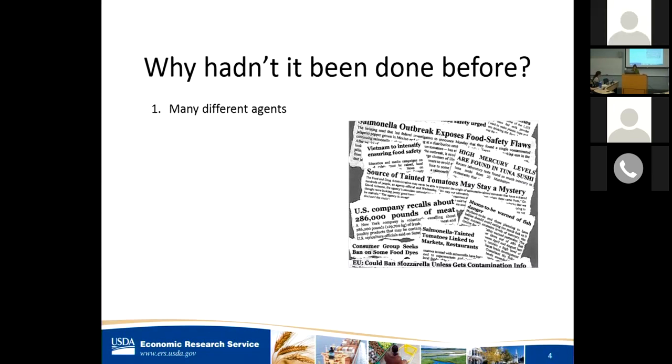So this hasn't been done before. As I say, this is the first time we're having world estimates. We're dealing with many different agents and relatively poor data in many parts of the world on just the epidemiology of those diseases.